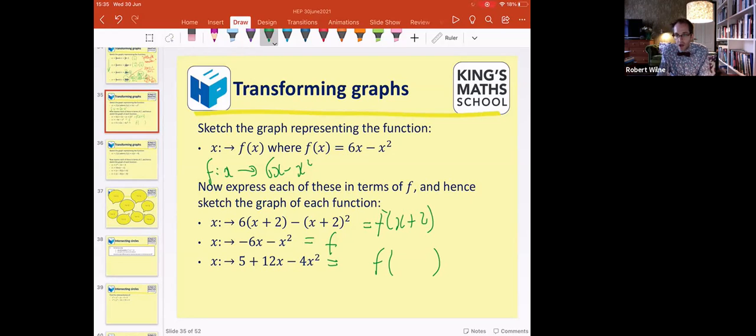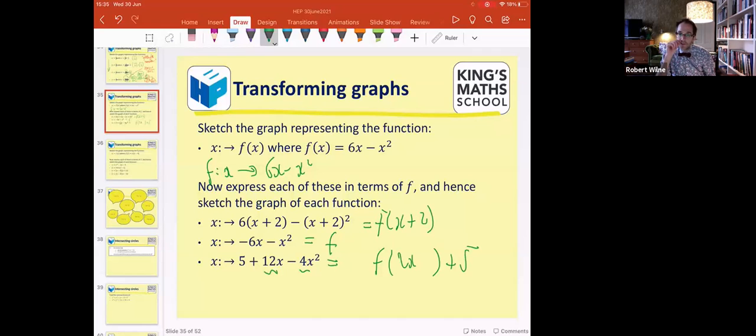Suggestions for either of these as expressions using this particular function, the f notation. f of 2x plus 5 is for the third one. I agree with that. So f of 2x plus 5, because that gives us 12x and the 4x squared.